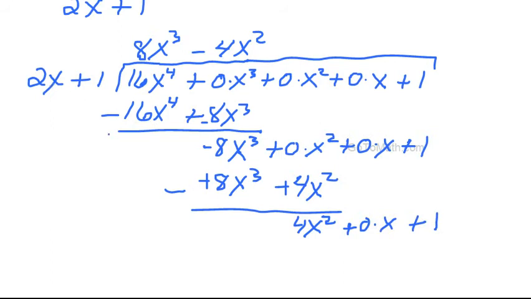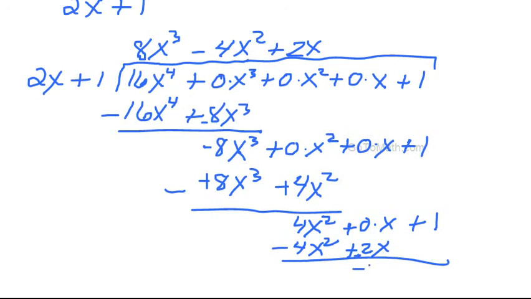Right, starting over, so 2x goes into 4x squared. That's going to be plus 2x. Multiplying that 2x now back, we get 4x squared, and then plus 2x. Minus, makes that a minus.